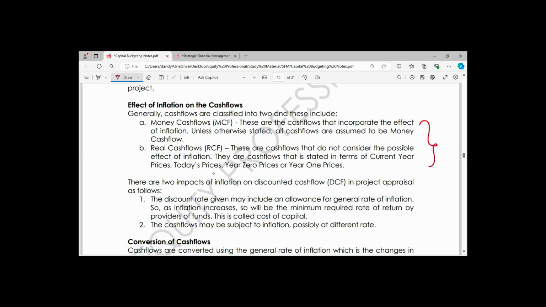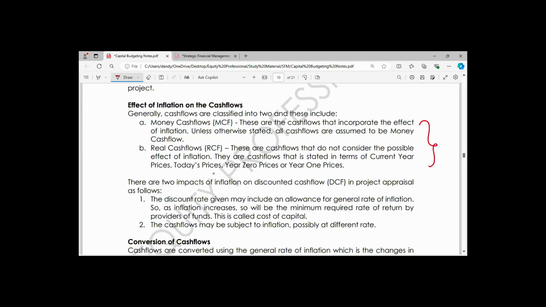Real cash flows are cash flows that do not include the possible effect of inflation. They are deflated cash flow. They are cash flow that is stated in today's prices, year zero prices, year one prices, or current value terms.